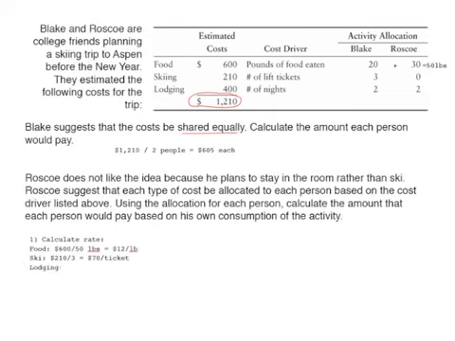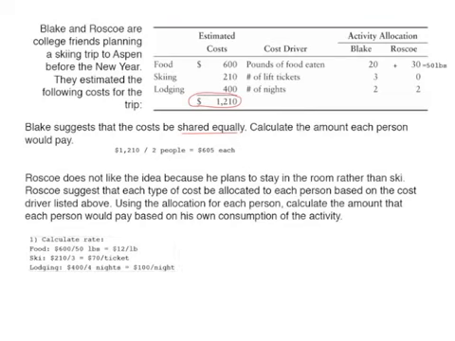And the last activity is lodging. We determined that the estimated cost was going to be $400 total for the trip. And each person is going to stay 2 nights for a total of 4 nights. So we can find that our allocation rate for lodging would be $100 per night.